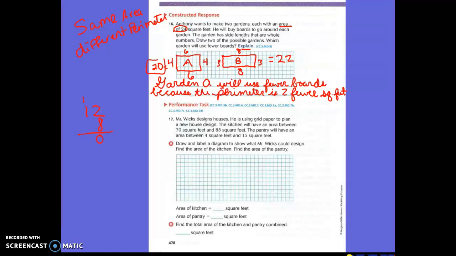It could be 71, 72, 73, 74, 75, 76, 77, 78, 79, 80, 81, 82, 83, 84. It could be any of those answers. Maybe 70? It says between, so I think it should be 71 to 84.